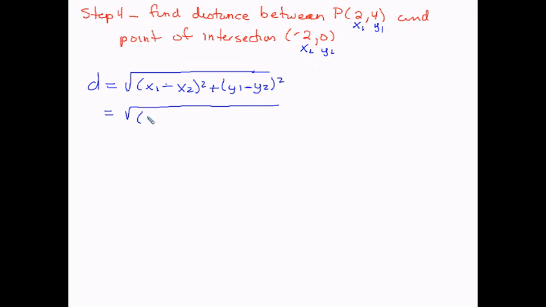So I get 2 minus negative 2 squared plus 4 minus 0 squared. 2 minus negative 2 is the same thing as saying 2 plus 2. And 4 minus 0 is 4.